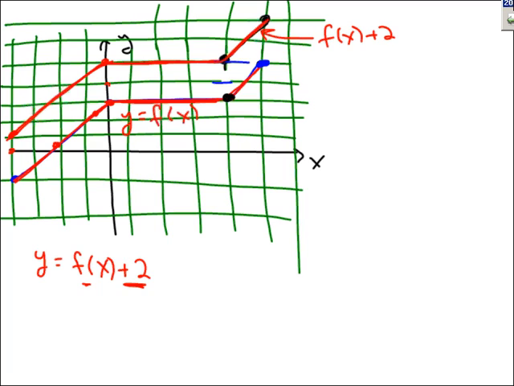Okay, what if I now want to graph y is equal to f of x minus 2? Okay, what makes this 0 is 2. That is, I just go 2 to the right.